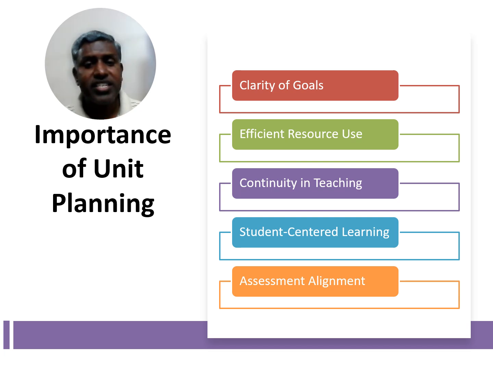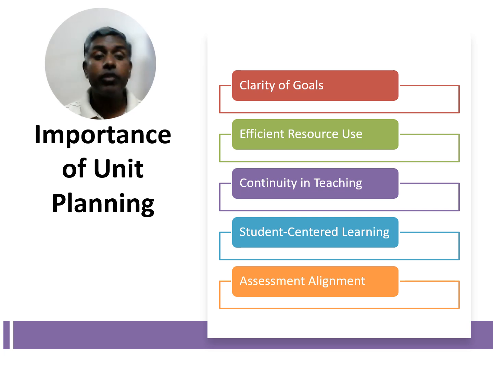The second one is efficient resource use. That is another important aspect of unit planning: a systematic allocation of materials, time and activities. If we plan for a whole unit, we must be aware of the systematic allocation of materials. What are all the things to be taught? What are all the things to be provided to students while teaching?